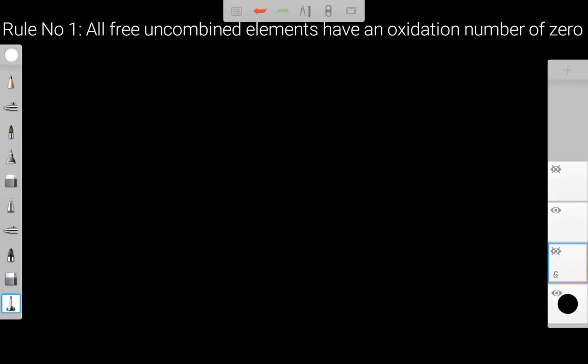The first rule states that all uncombined elements have an oxidation number of 0, and this does not exclude diatomic elements, elements that exist in a diatomic state. Some of them, let's say O2, exist in a diatomic state.